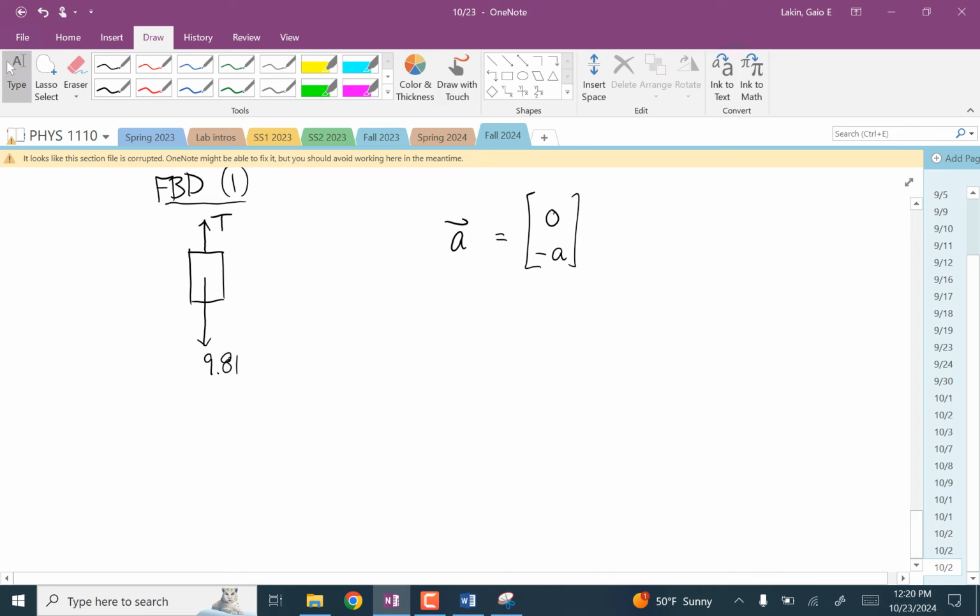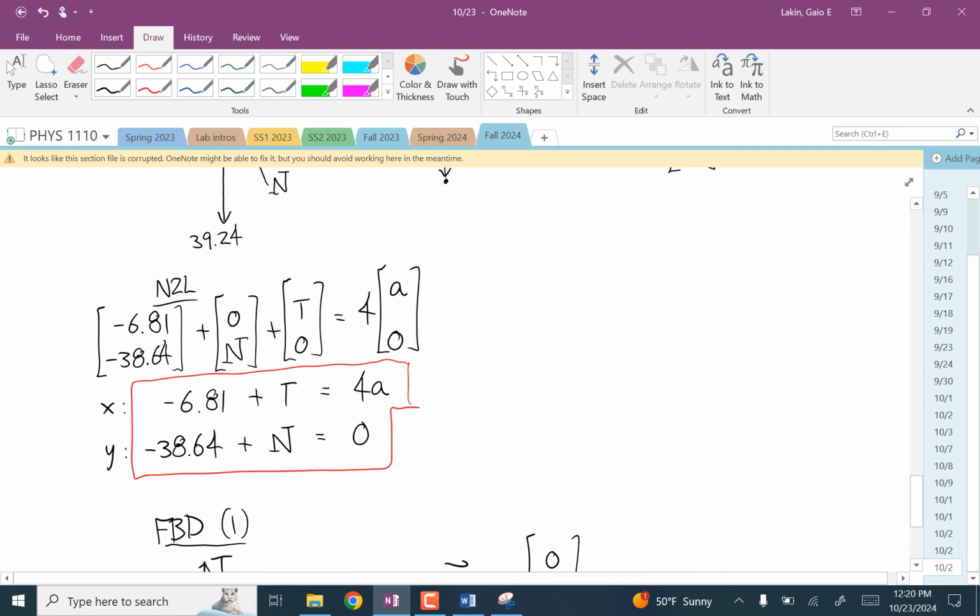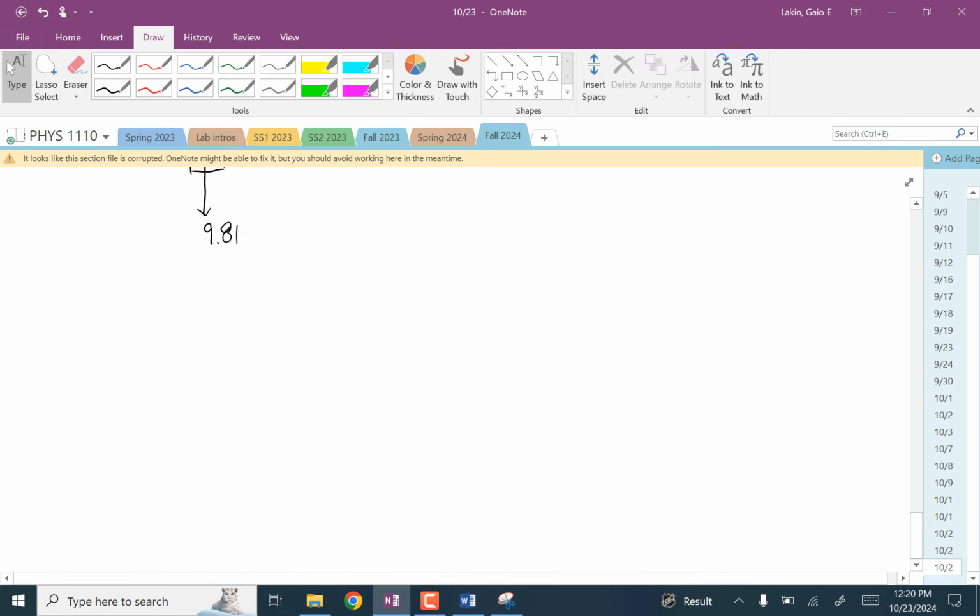Will it always be like that when there's a cable involved? Will it always be negative? Yeah. No, actually, so if I had done the mirror image of this, let me draw it up here.